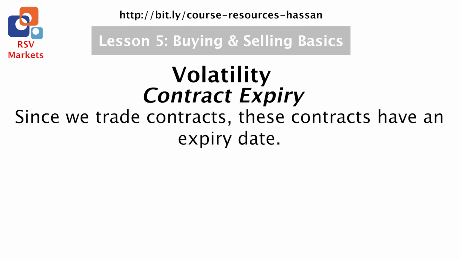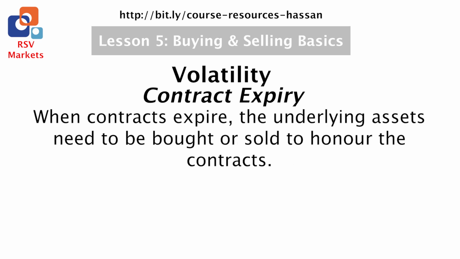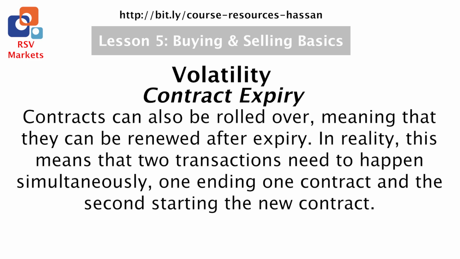Contract expiry. Since we trade contracts, these contracts have an expiry date. Most contracts expire on Fridays, with some having additional expiries, with the second most common day of the week being Wednesday. When contracts expire, the underlying assets need to be bought or sold to honor the contracts. Contracts can also be rolled over, meaning that they can be renewed after expiry.